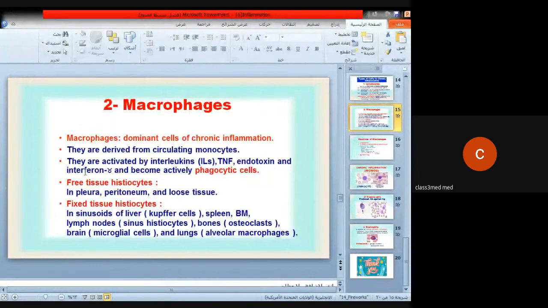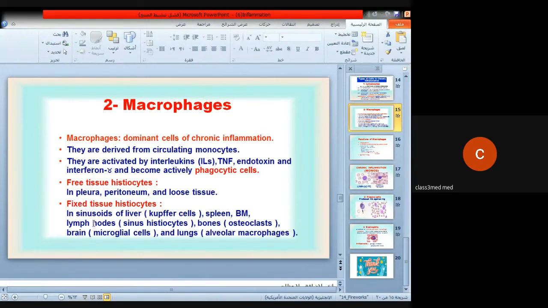They are activated by interleukins, tumor necrosis factor, endotoxins, and interferon gamma. With activation, macrophages become actively phagocytic cells. We know that macrophages are powerful phagocytic cells, phagocytes.